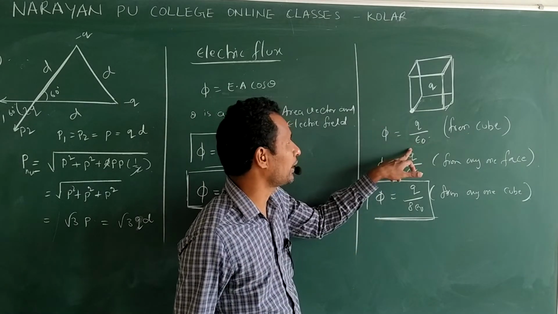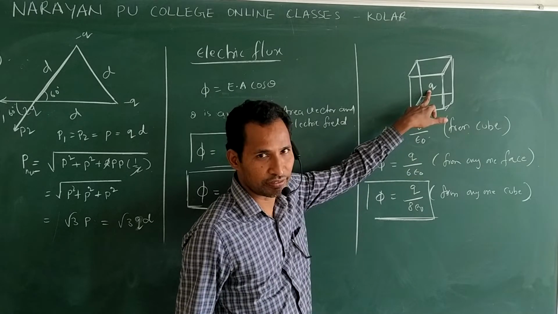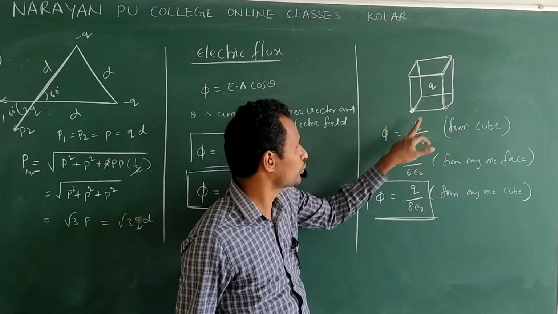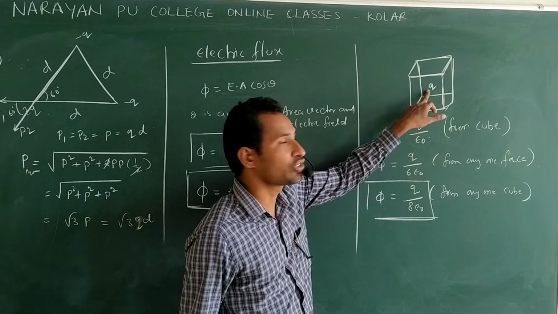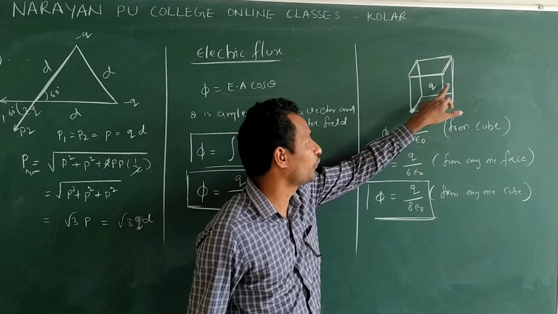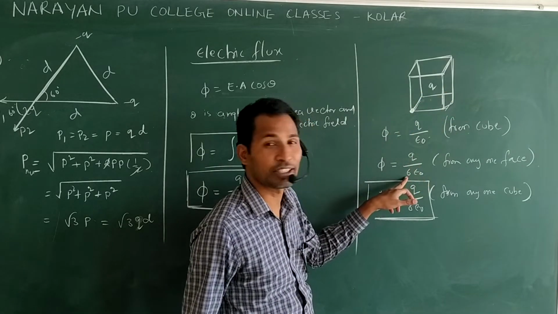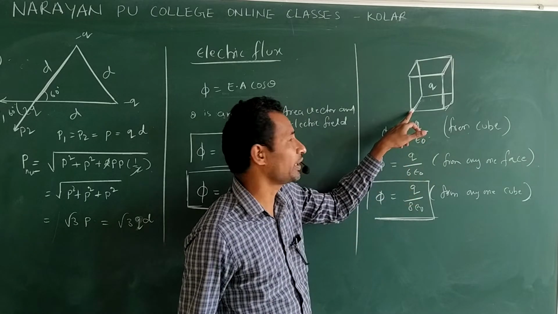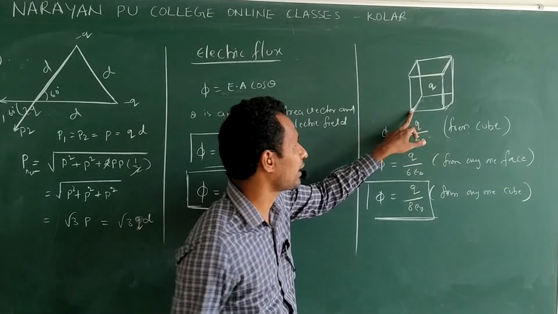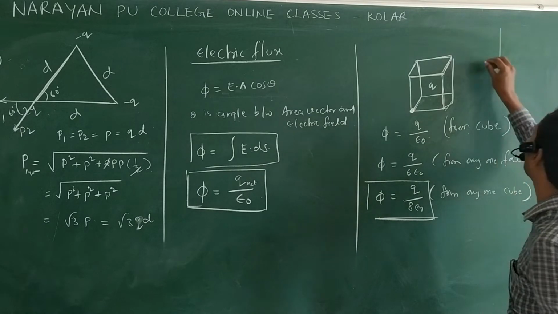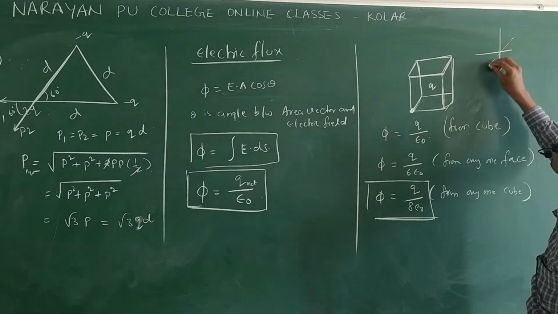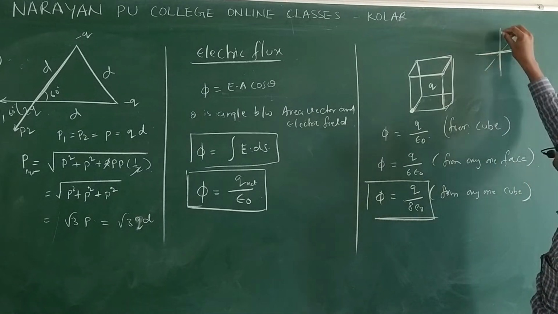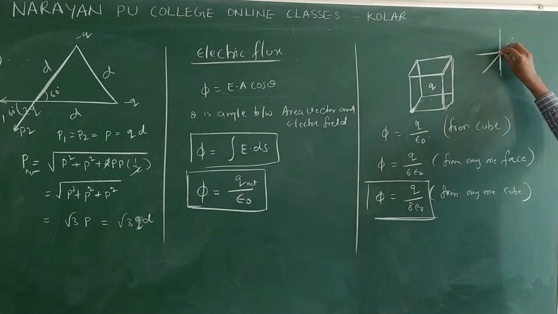This is Q by epsilon naught, charge placed at the center. Flux coming out of the cube is Q by epsilon naught. Charge placed at center, flux coming out of any one face is Q by 6 epsilon naught. Now charge placed at the corner. Corner means this corner is shared with 8 cubes. Understand?